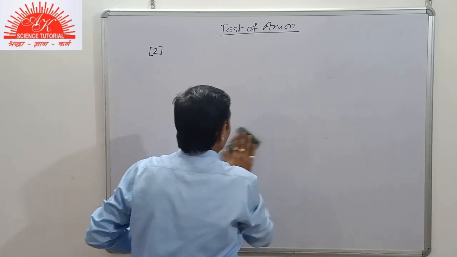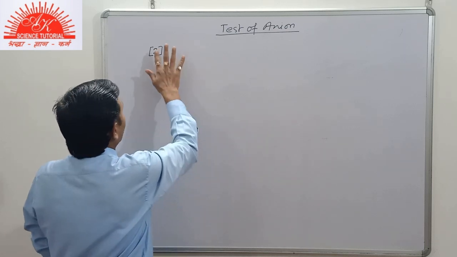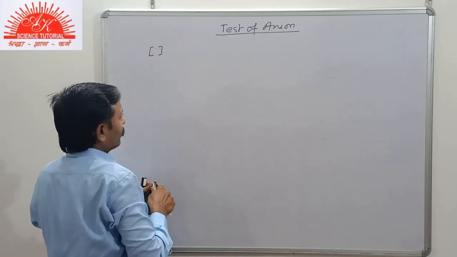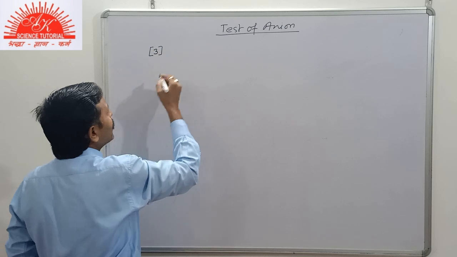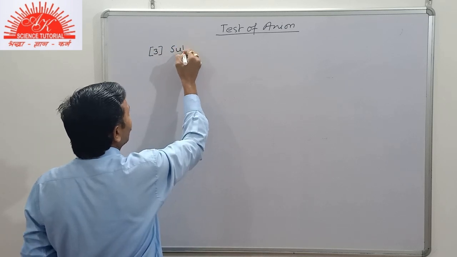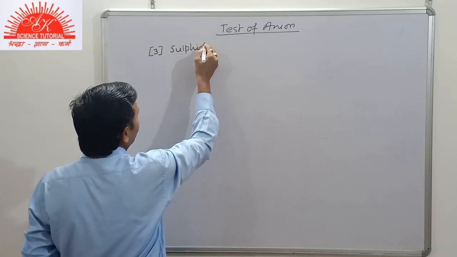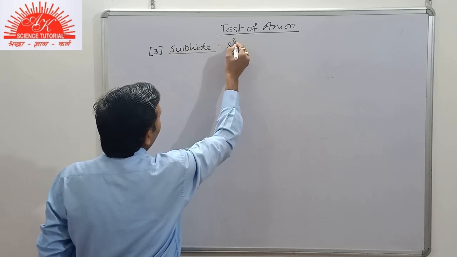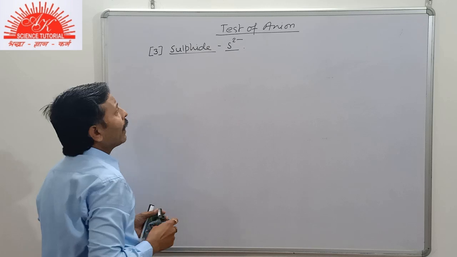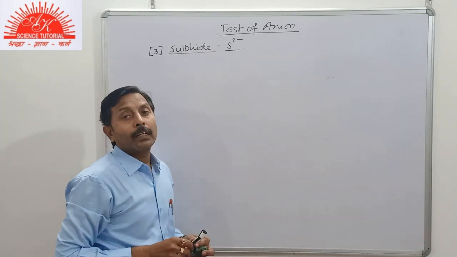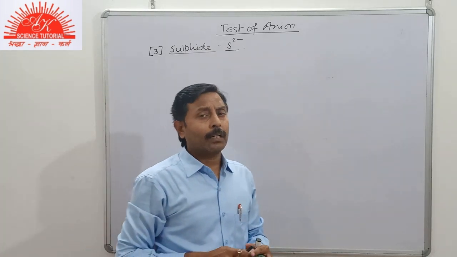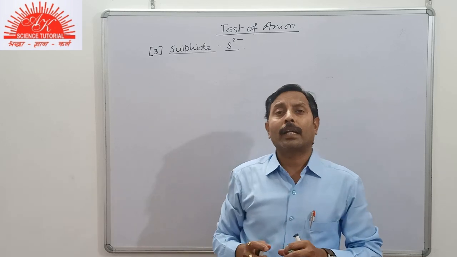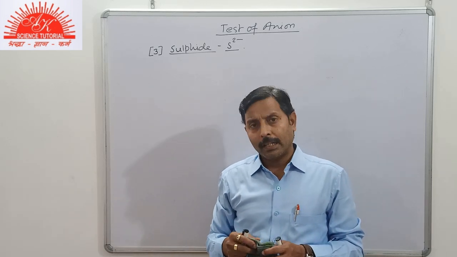Now the next anion is sulfide, that is S2 minus, sulfide ion. Again the similar. Actually in chemistry students all topics are related.